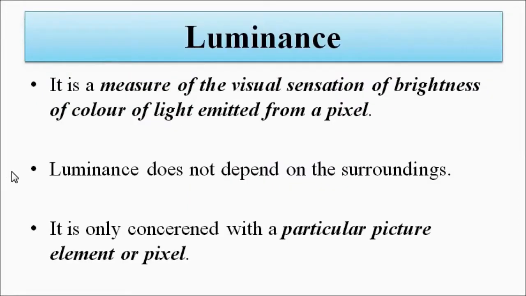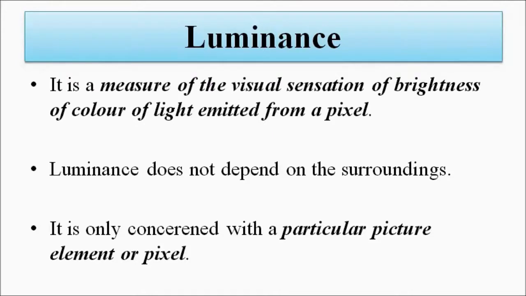Next is luminance. Luminance is another important characteristic feature, which is basically related to the picture elements in an image. I've already discussed pixels or picture elements. Luminance is basically the brightness of a pixel, the brightness of the color of light which is emitted from one particular pixel.